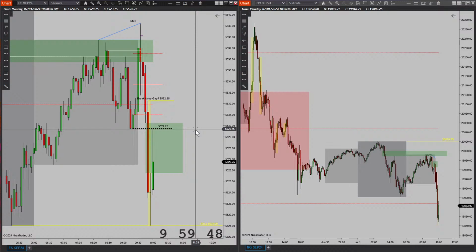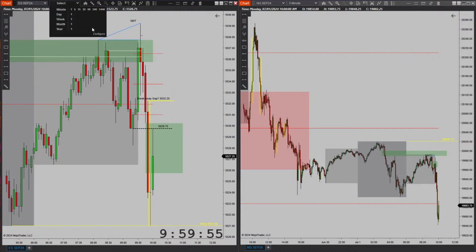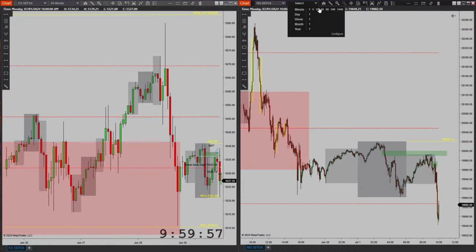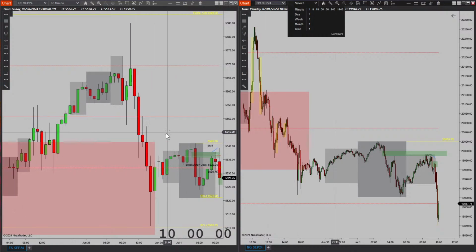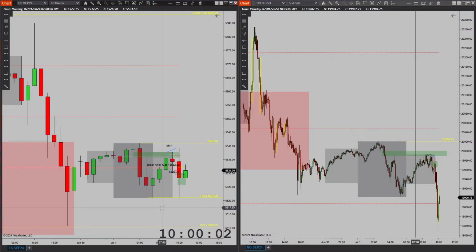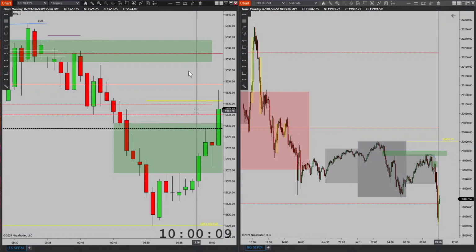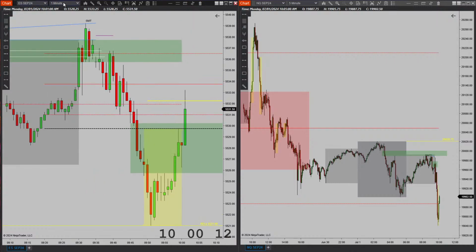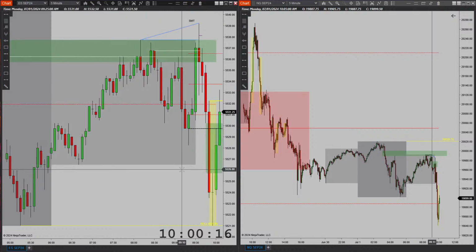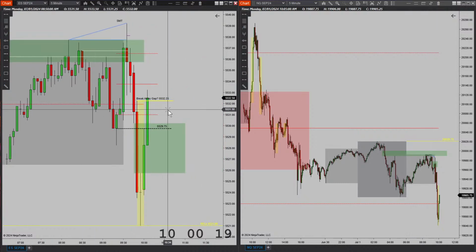All right. Let's look at the higher time frames. Oh wow. Okay. Let's see here. Price is doing exactly what I expected it to do. Like I said, I don't want to see a body close above this right here.